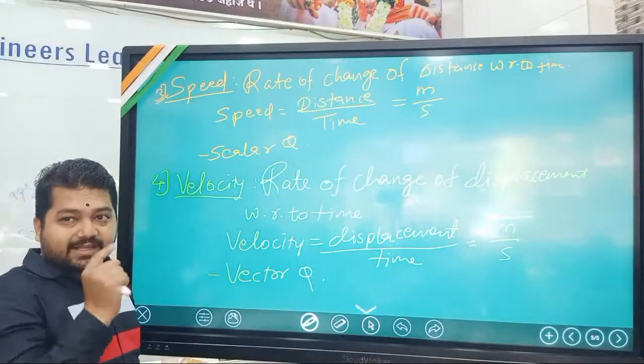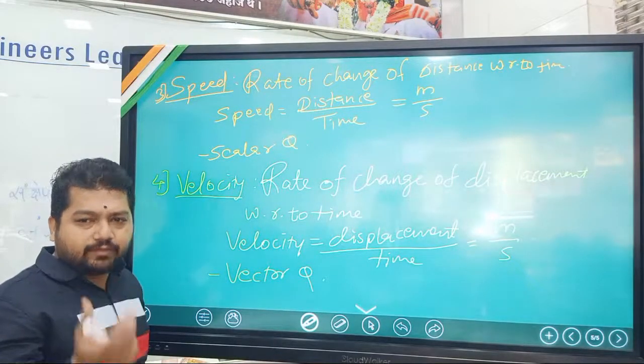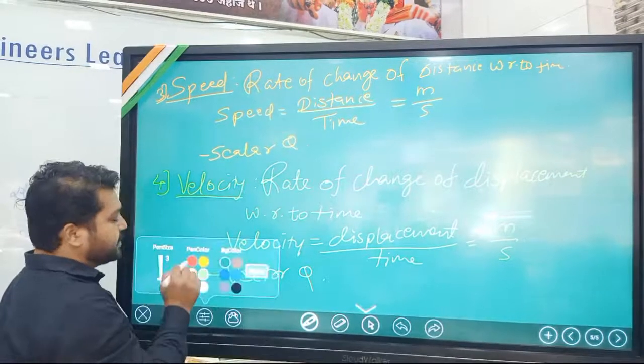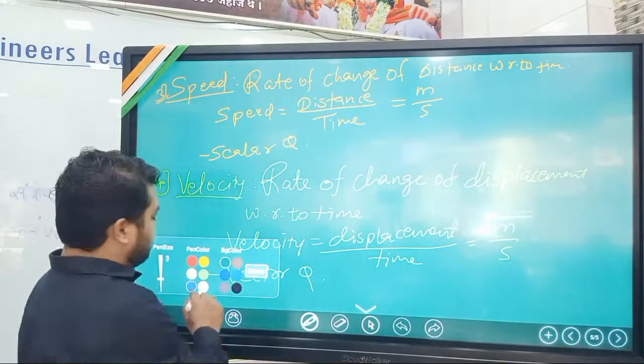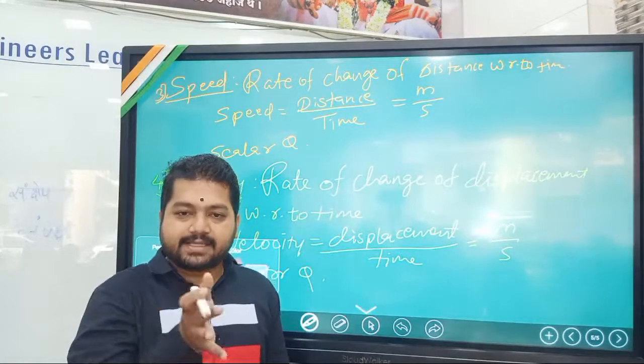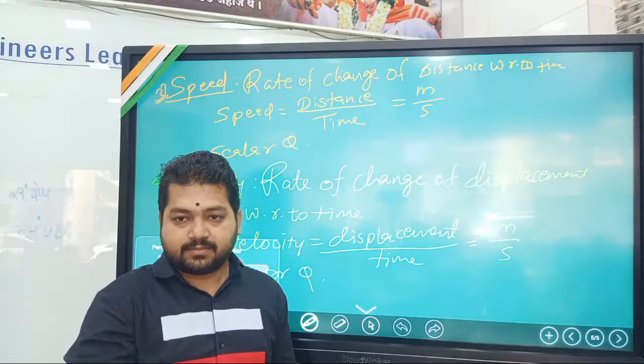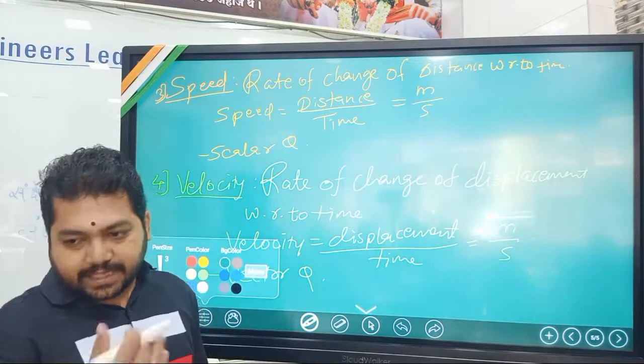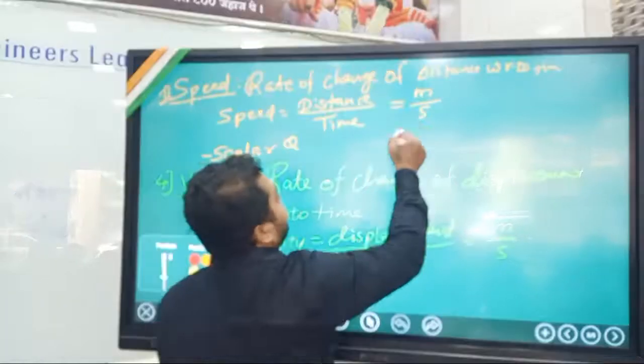Sir, you have written something rate of change of, that is new for us. What is actually rate of change of? In 11th and 12th standard, everything is defined with the derivation, right? Derivatives or rate of change. So that is what d.